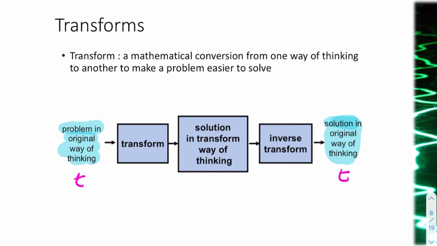Why do we do that? Simply because it's sometimes easier to find a solution in an alternate format or an alternate domain or an alternate way of thinking. Just like, for example, if we wanted to carry out a convolution in time, we might find it easier to carry out a multiplication in frequency.